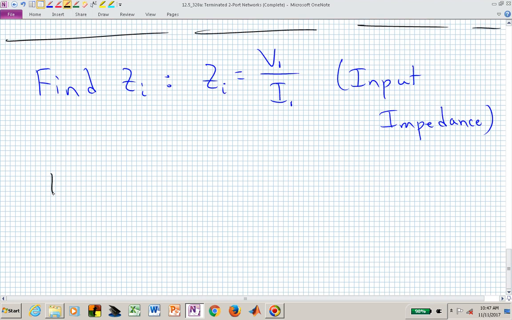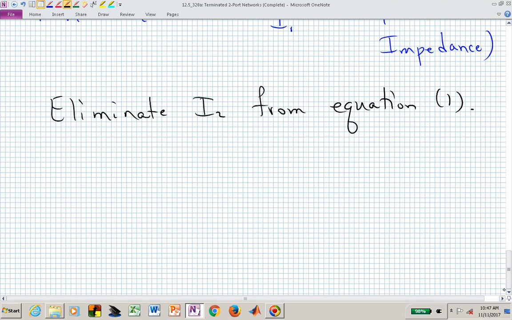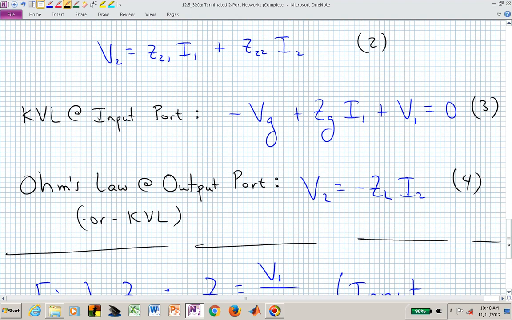What we're trying to do then is eliminate this second current, I sub 2, from equation 1. And we can't just set it equal to 0. We have a load attached, so there's current flowing in that circuit. But in equation 4, we have a way of relating V sub 2 and I sub 2, and equation 2 has V sub 2 and I sub 2 in it.